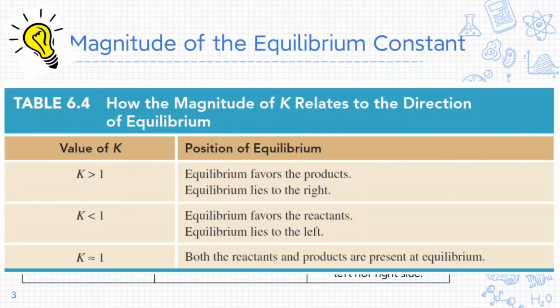And lastly, if your equilibrium constant is equal or approximately equal to 1, both your reactants and products are present at the equilibrium. Hence, it neither lies to the right nor to the left. Okay?